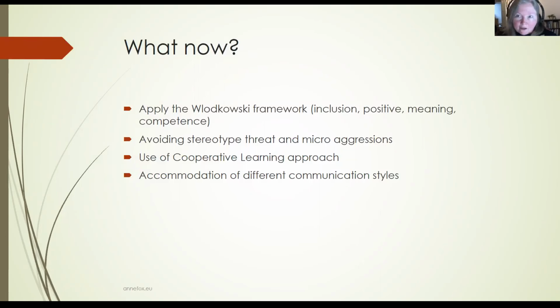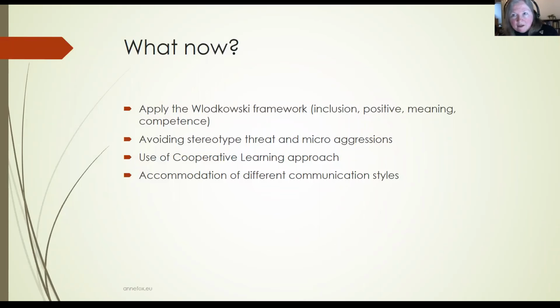So what can be transferred? I think that the Wlodkowski framework of inclusion, positive learning environment, meaningful tasks, and raising competence are certainly useful to keep in mind. Something that they talk about a lot in the literature on CRT is avoiding stereotype threat and microaggressions, which is basically about making assumptions.